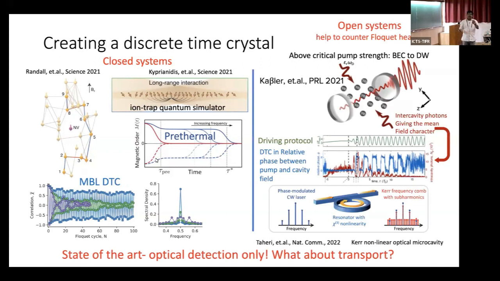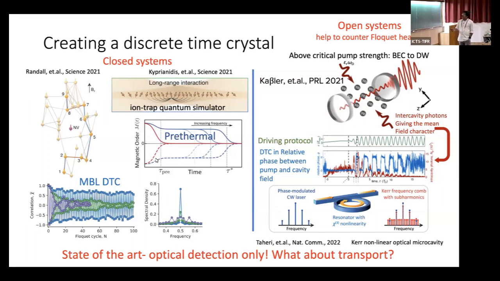Here, if you give energy to the system, since your system is open, it just dissipates to the environment. In that way, you can also stabilize a discrete time crystal. This is an experiment where they have a collection of rubidium atoms in a cavity, and they are pumping from outside, and they have this cavity field.